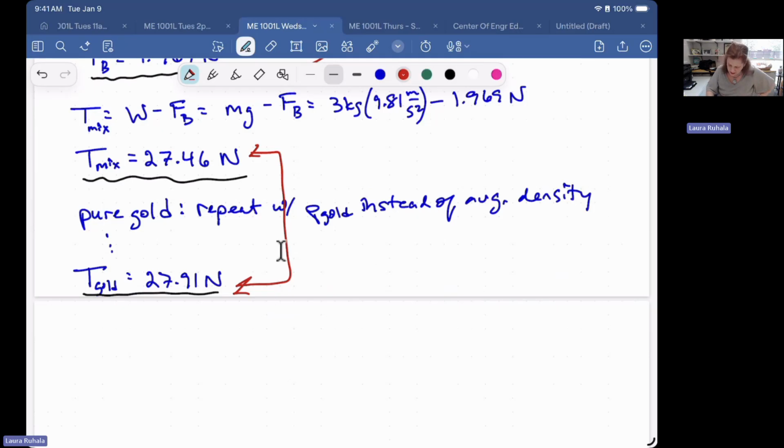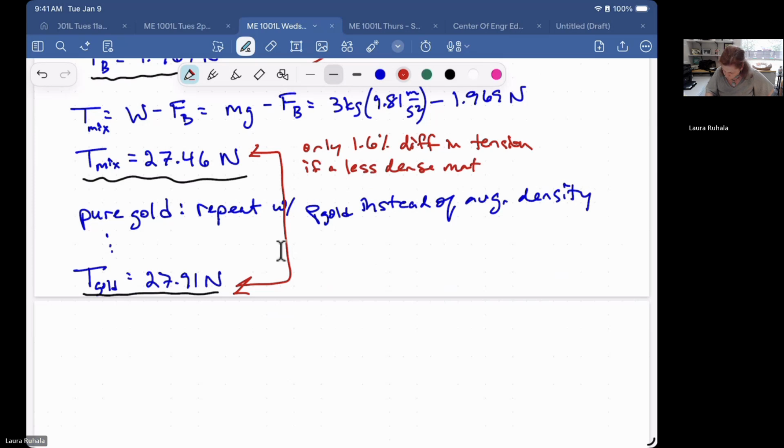I did this earlier and calculated that this is only a 1.6% difference in tension if a less dense material is used. This is going to be really hard to figure out.